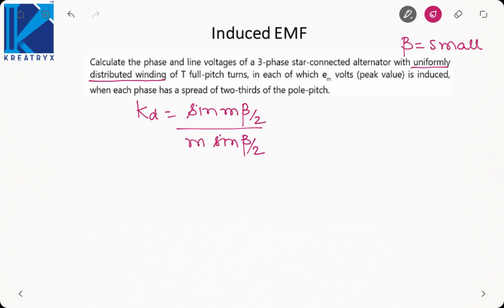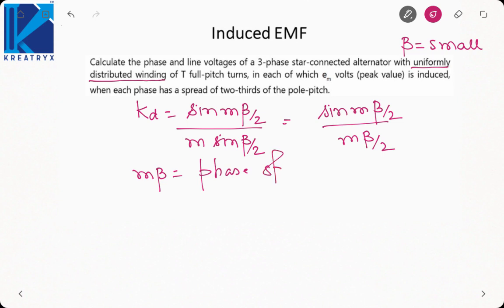If beta is small, sine of beta by 2 can be replaced by beta by 2. So it becomes like this. This term m beta is also called the phase spread.